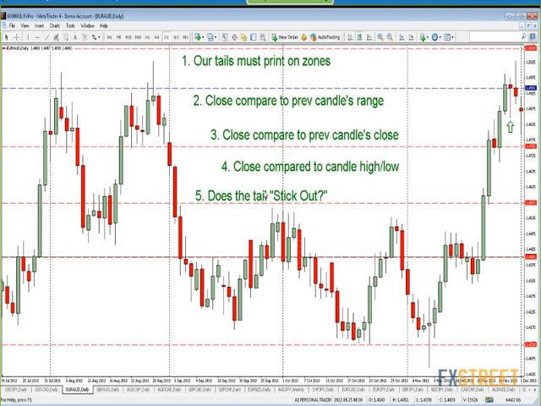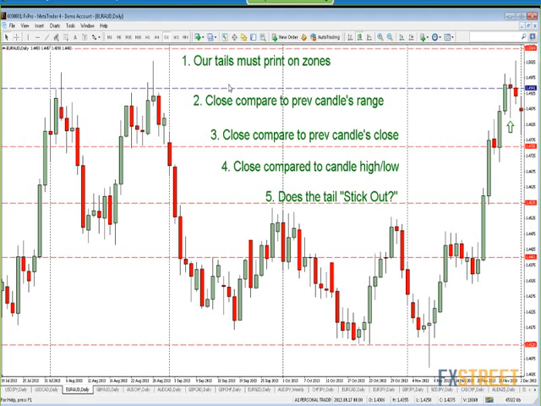Tail doesn't stick out. How can I say that? Well, it looks to me like almost all of this tail is in the same area of the chart as the previous candle. Just a little tiny bit of it sticks out from this previous candle. In fact, that is contained in this candle's range. So this tail really didn't go anywhere special. It's where the market's been.